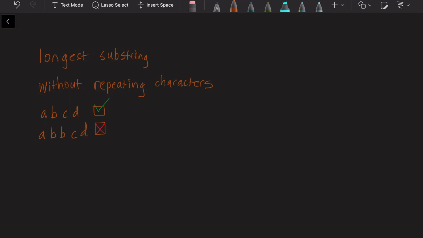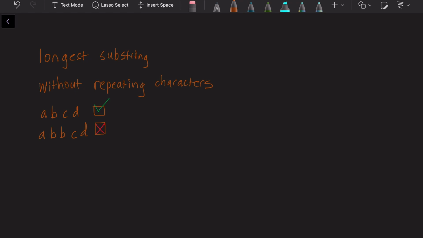The sliding window algorithm is an algorithm that efficiently finds substrings or subarrays within greater strings and arrays. Today the problem we'll be using to visualize this algorithm is looking for the longest substring without repeating characters. So what does that mean?